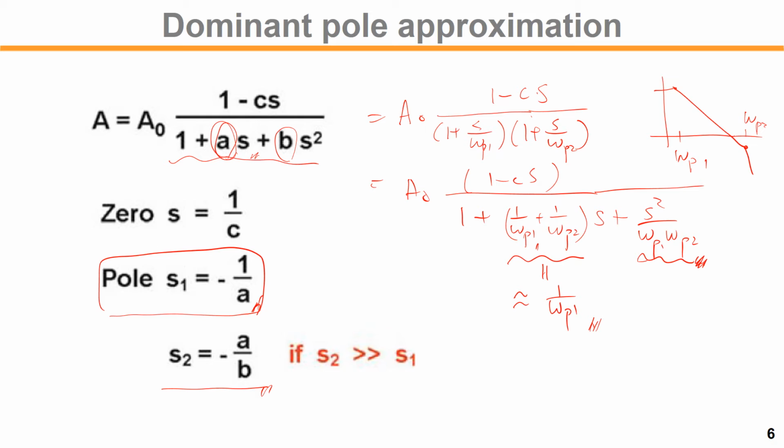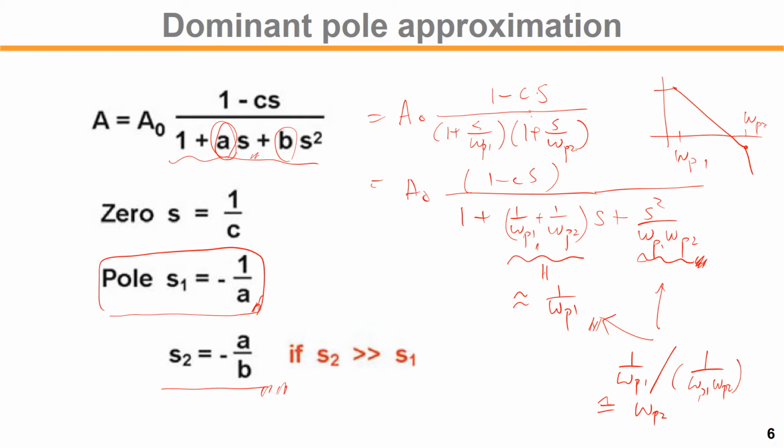Here a over b is 1 over omega p1 divided by 1 over omega p1 omega p2, which gives omega p2.